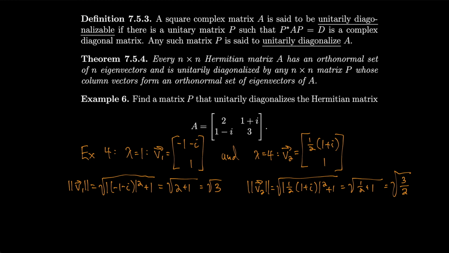But let's write our new vector P1 for our new matrix P equal to the orthonormal eigenvector, so that'll be v1 divided by its length, because this is how we diagonalize. We have to have an orthonormal set. So we have (minus 1 minus i) over square root of 3, and 1 over square root of 3.